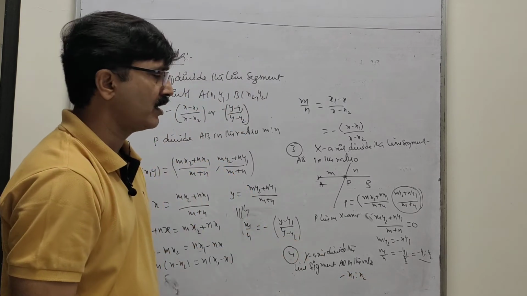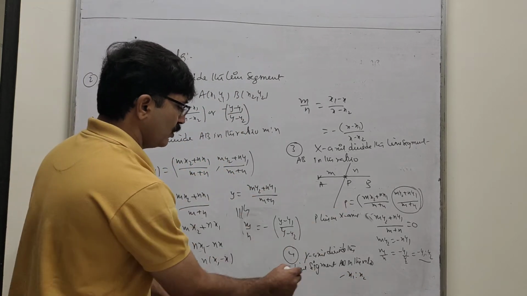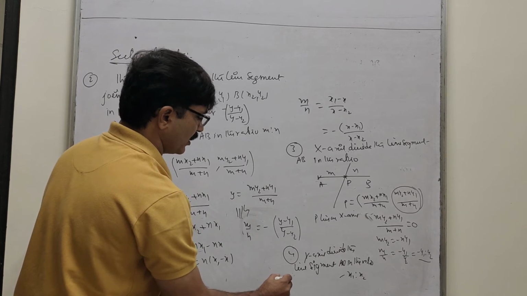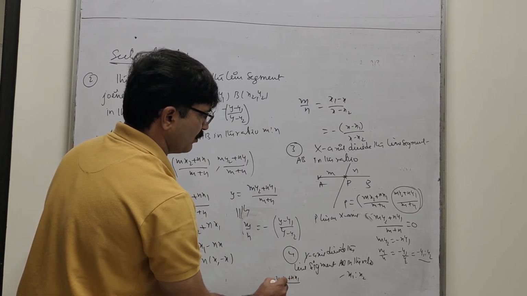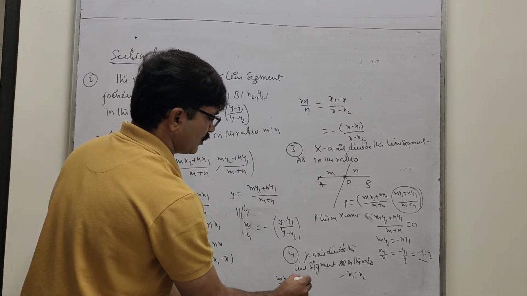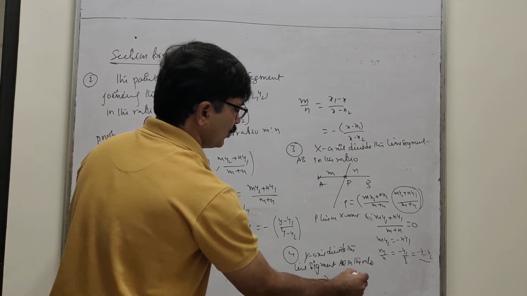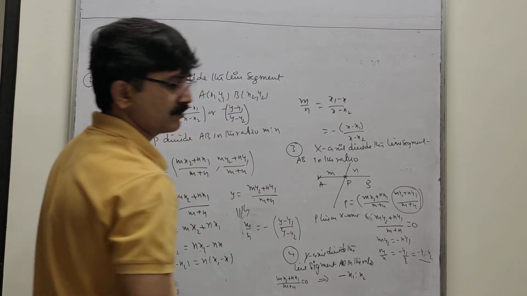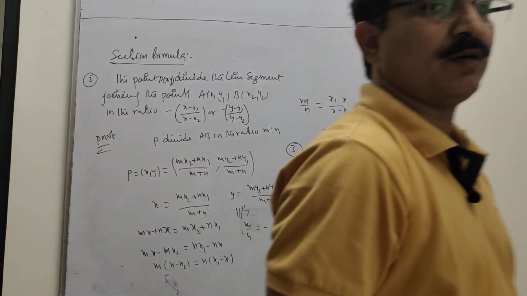What do you have to do here? Very simple. This time you are supposed to take (mx2 plus nx1) by (m plus n) equal to 0. Automatically you are going to get this one.